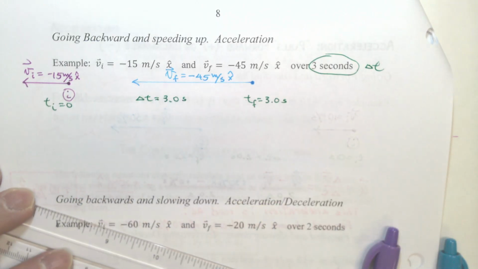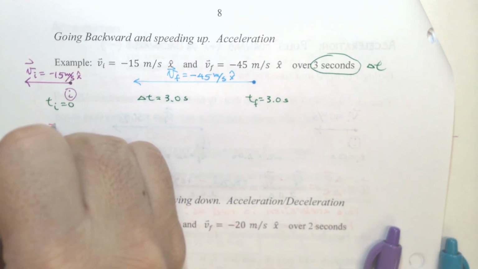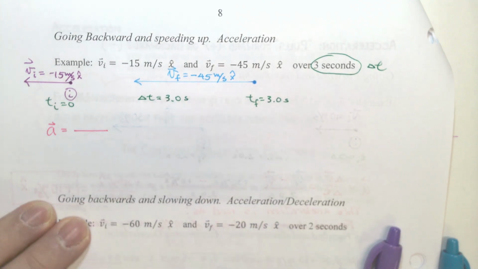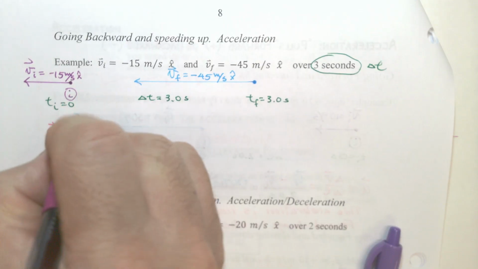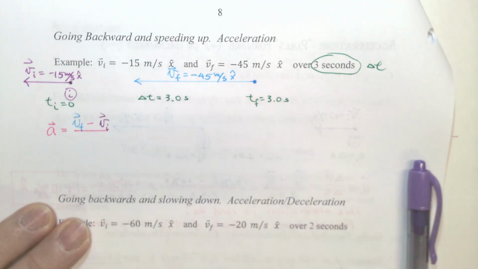So acceleration, of course, is equal to the change in velocity, so v final minus the v initial over delta t.